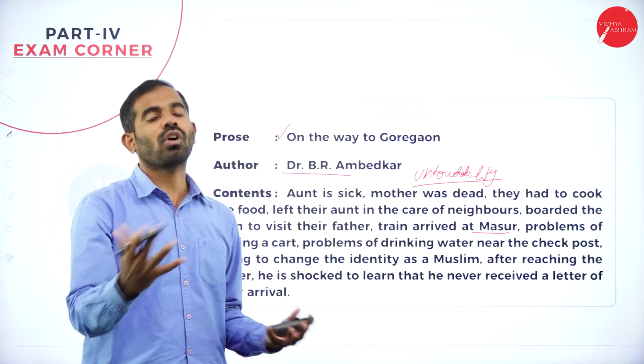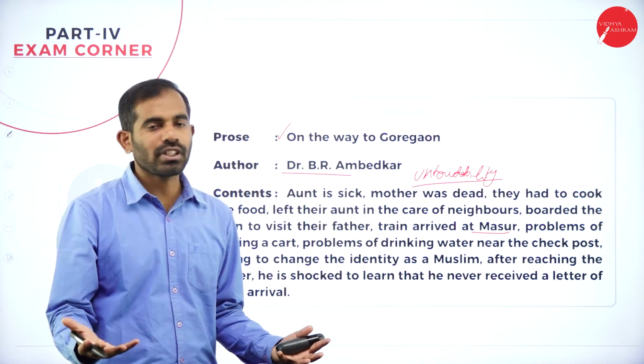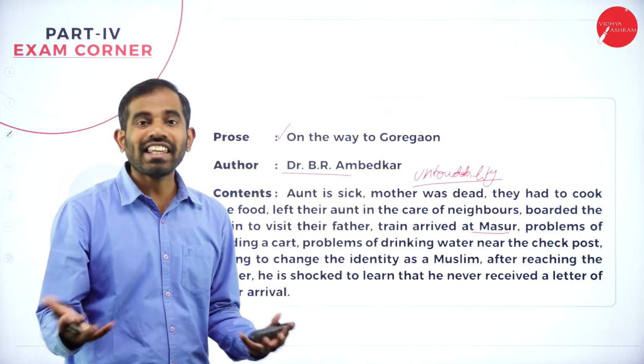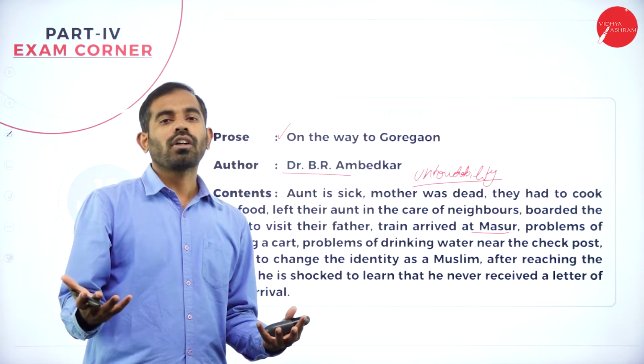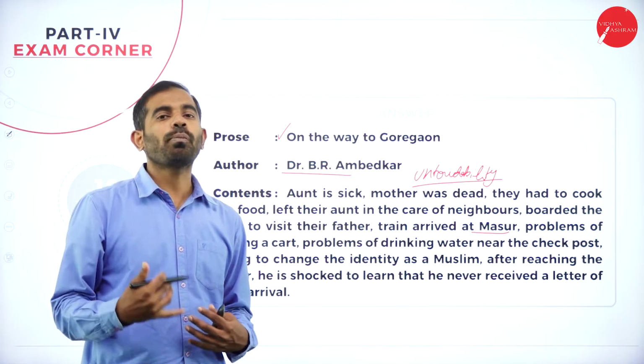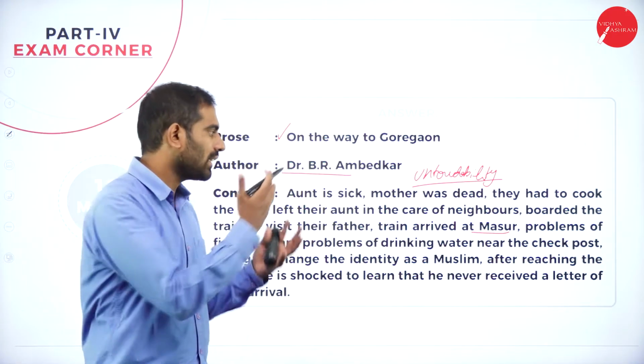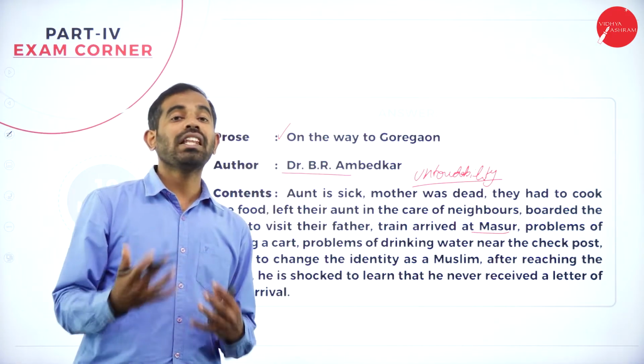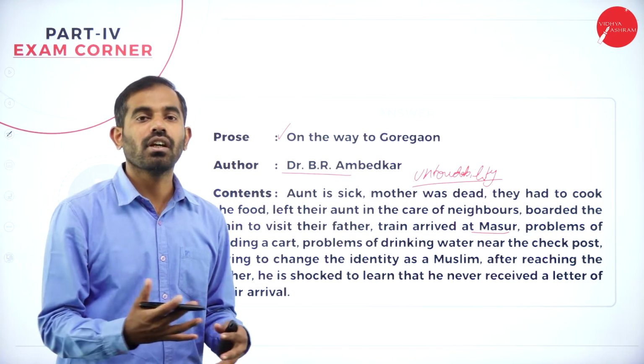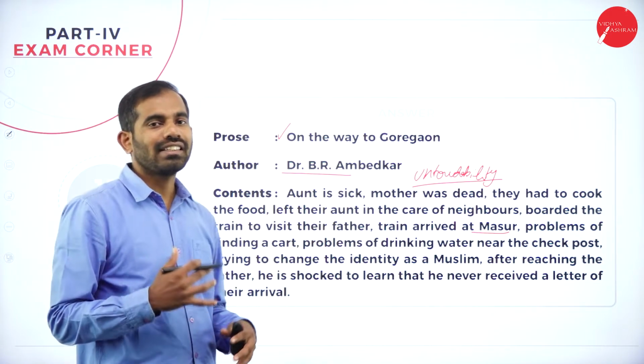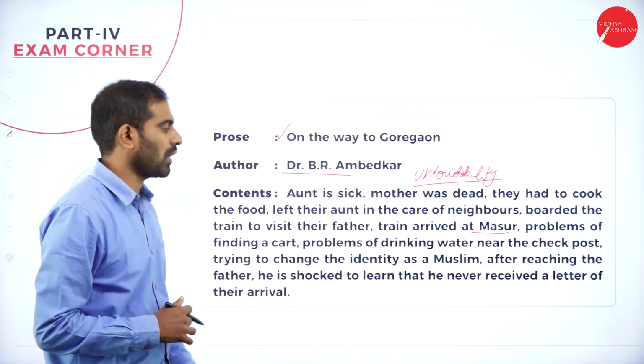If the peon is absent, is on leave, then no water for Ambedkar. So that's how badly Ambedkar was treated. Not only Ambedkar, there were millions of untouchables who were treated very badly. And that's what this prose is all about.